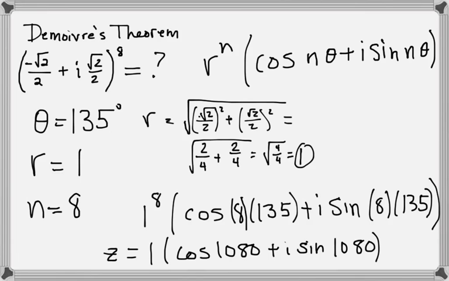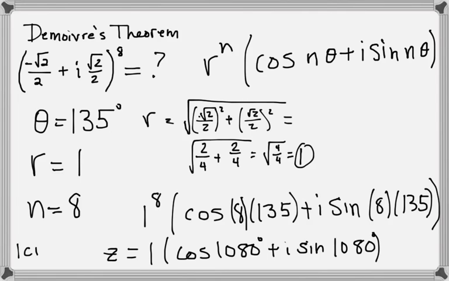What is the cosine of 1080? What is the sine of 1080? Because in this problem, if you look at it, this is a plus bi. So if I find out what those values are, and of course if I had a number for my r to the power, then I would actually have to distribute the r into those values.